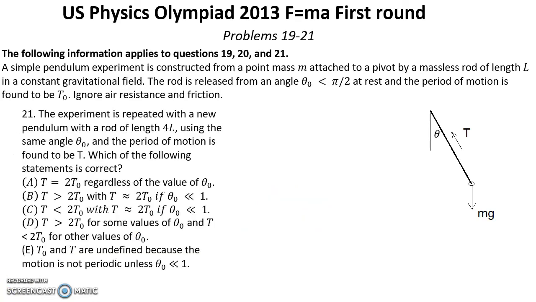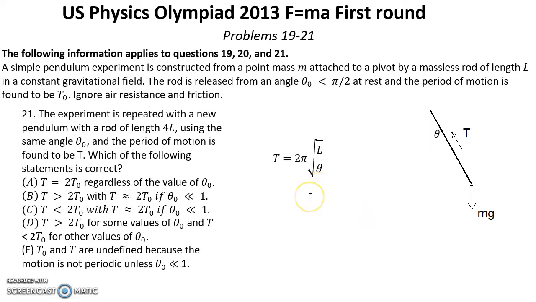Question 21. The experiment is repeated with a new pendulum with a rod of length 4L, using the same angle theta 0, and the period of motion is found to be t. Which of the following statements is correct? Solution. We know that for small angles we have a formula for the period equal to this function.